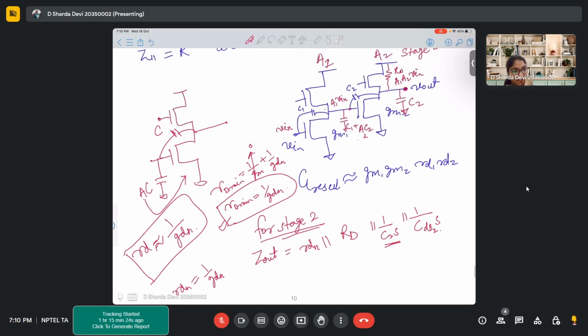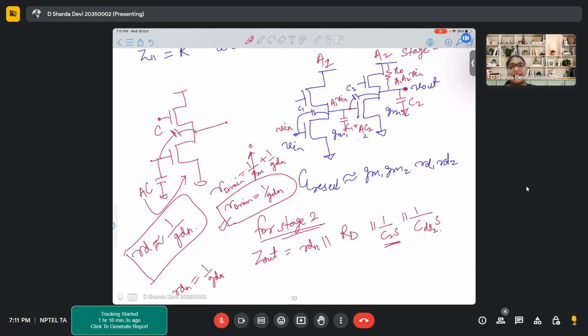So I am very particular about how I write it: whenever I write internal resistances, I make sure I use small letters, and whenever I'm using a resistor proper, like an external resistor, I use a capital letter with all the denotations. It can be confusing, because if somebody is listening to this as an audio recording, it will be very difficult to figure out whether that RD is the external resistance or the drain resistance.